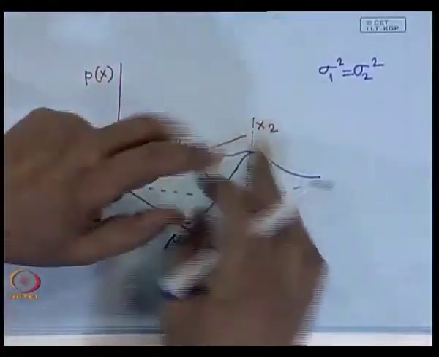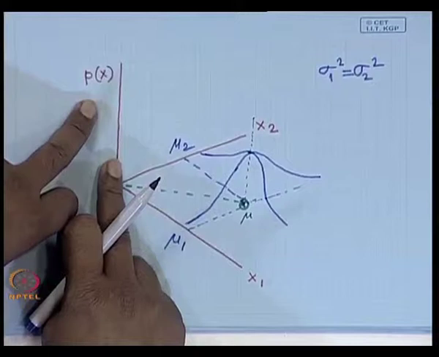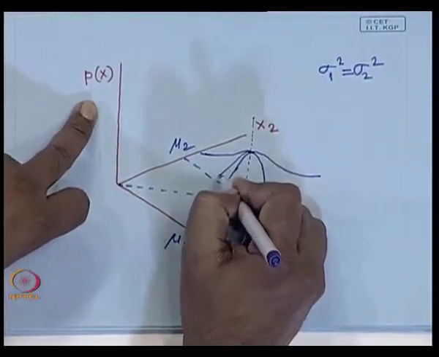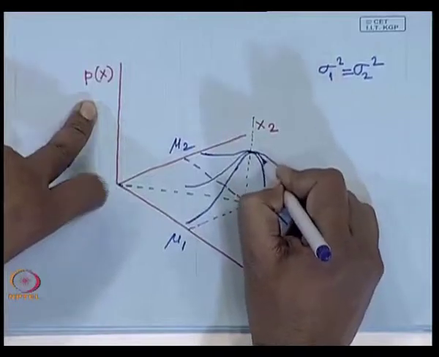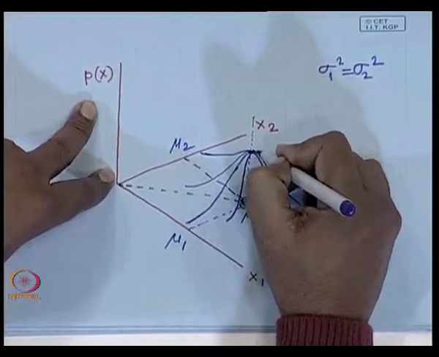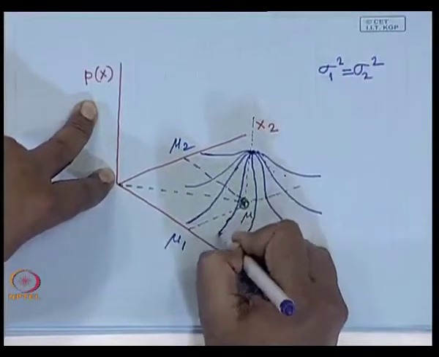Whatever surface it traces will be the surface of this probability density function P x, right. If I plot it, the surface will be something like this. It will go on this side, it will come like this, of this form.